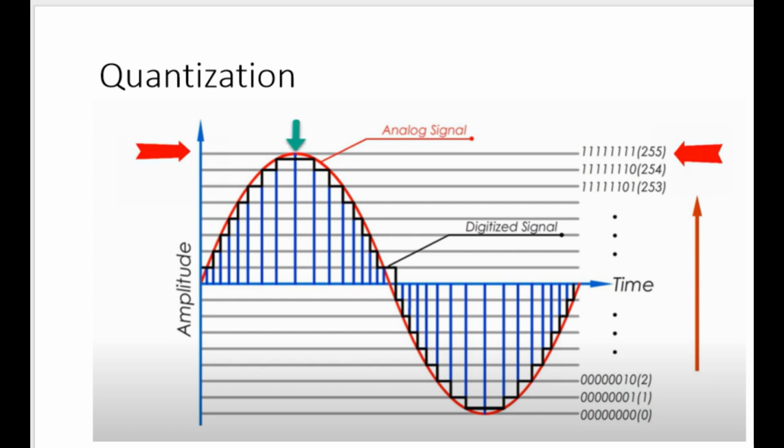The sample at the very bottom would be aligned with decimal value 0, or 00000000 in binary. Thus, each sample matches a specific level with a specific binary value.